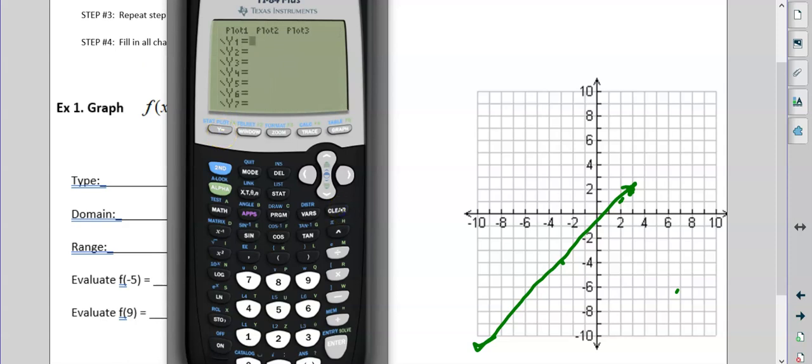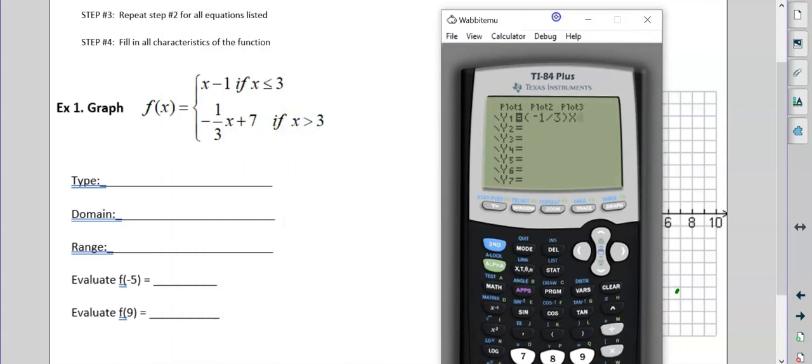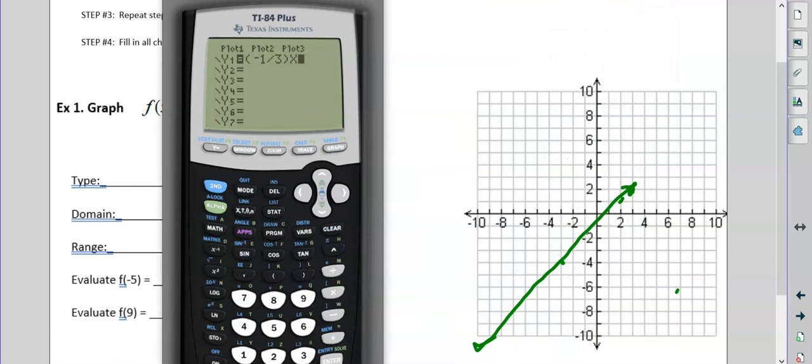So -1/3 x plus 7. There's the same line we already drew, but notice now I want values greater than 3. So I'm going to move my 3 now up to the top because I don't want any of those negative values there.